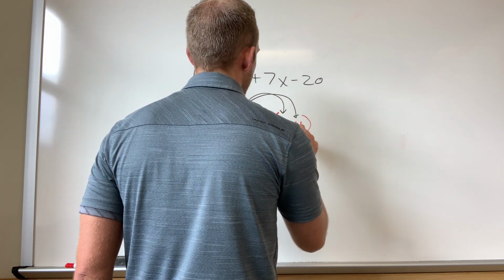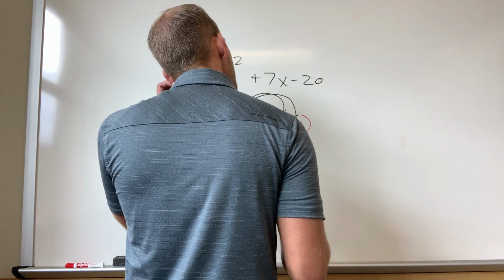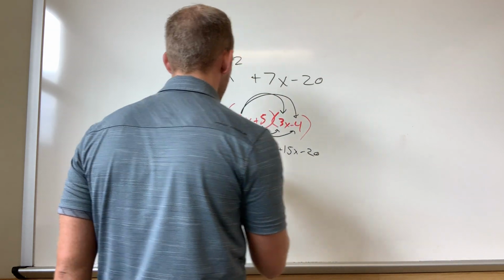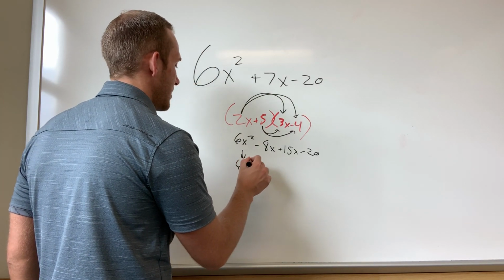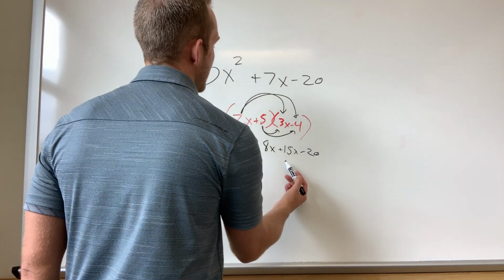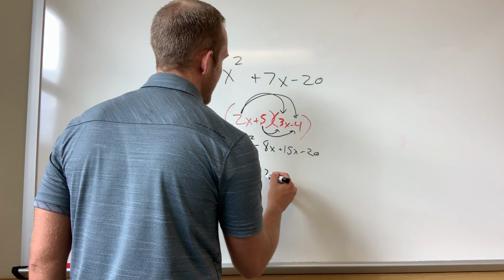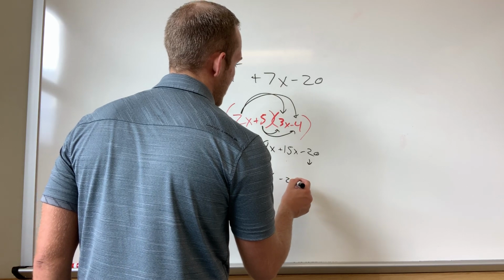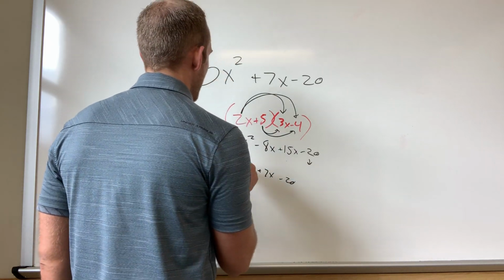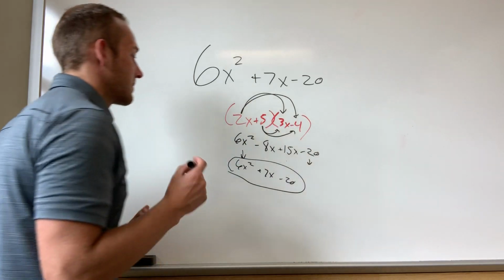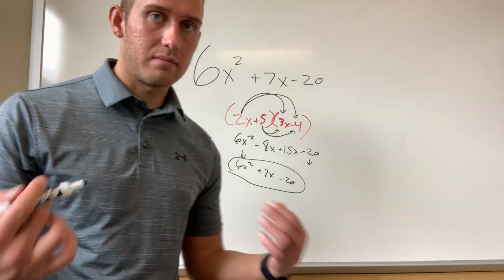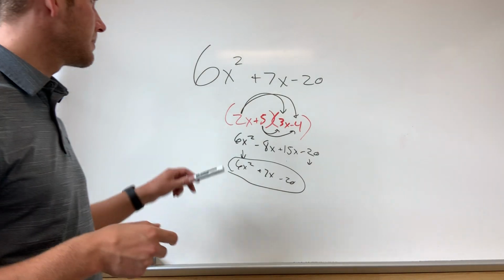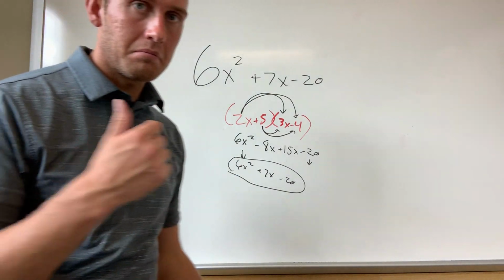And then the last, which is negative 20. Okay, so again, this drops down, 6x squared. That now equals plus 7x. Then this drops down, so that's negative 20. Holy cow. I have troubles with that. That's why it took me 20 minutes to do this problem. That equals that. Cool.